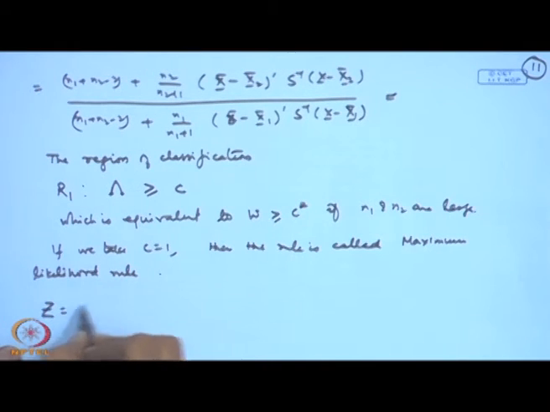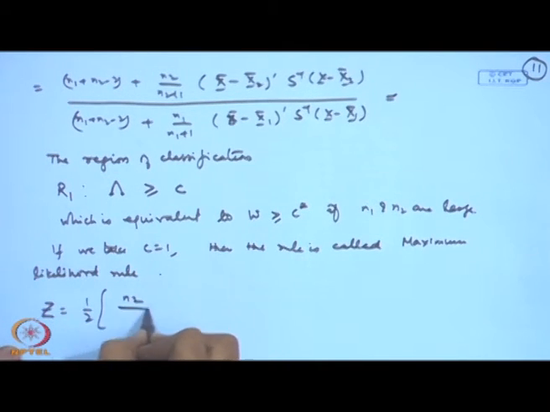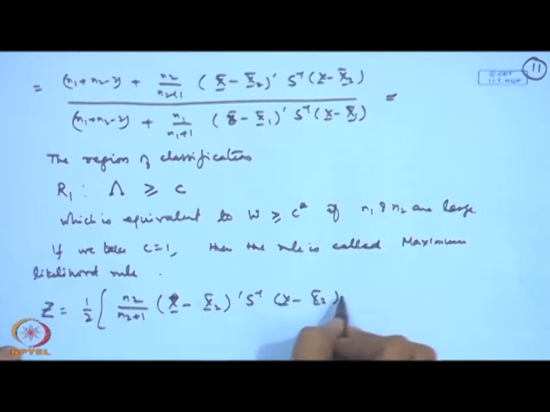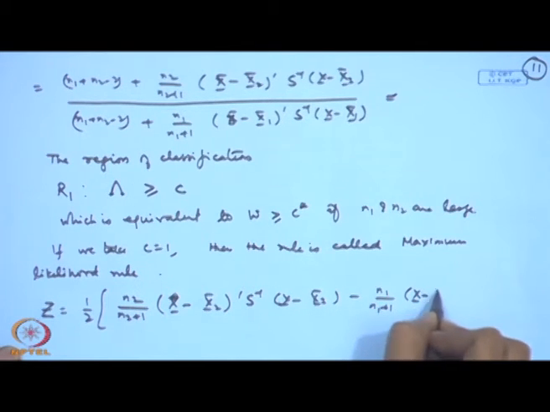So, for example, if we consider z equal to half of [n2 by (n2 plus 1)] (x minus x2 bar) prime S inverse (x minus x2 bar) minus [n1 by (n1 plus 1)] (x minus x1 bar) prime S inverse (x minus x1 bar).